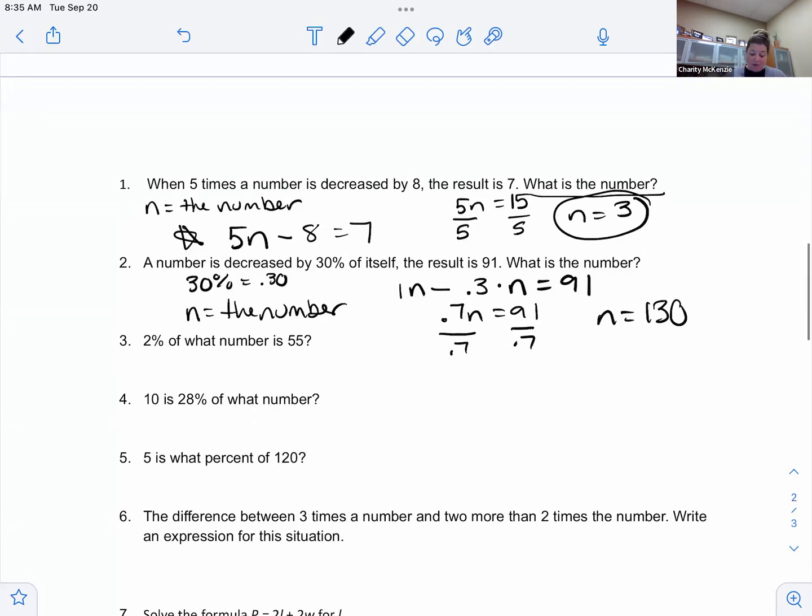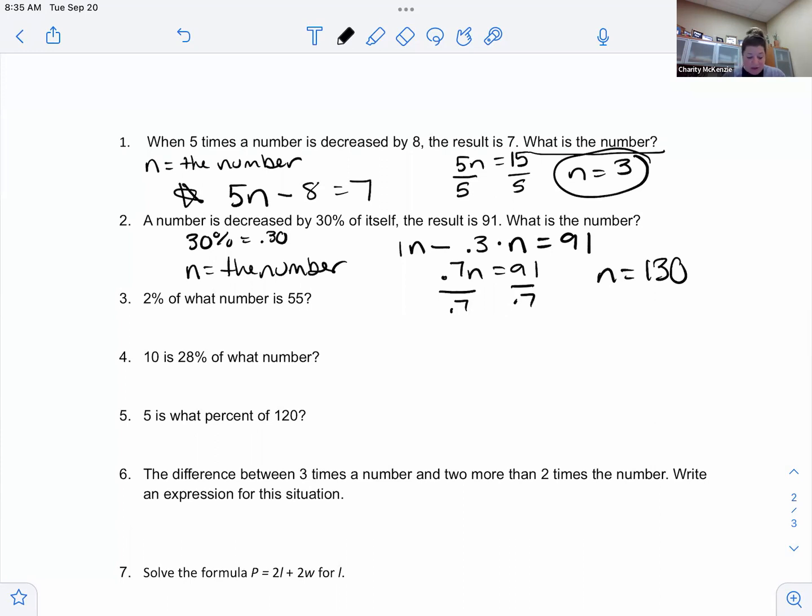Okay, so number 3 says 2% of what number is 55? So let's write that. 2% is the same as 0.02 because I've moved the decimal 2 places to the left, okay? And then of what number, we'll just use n still for what number.